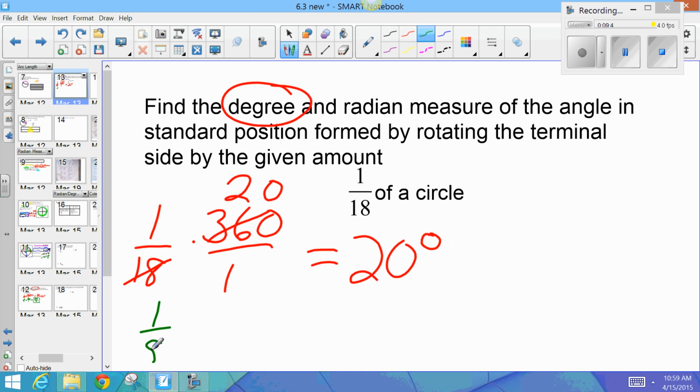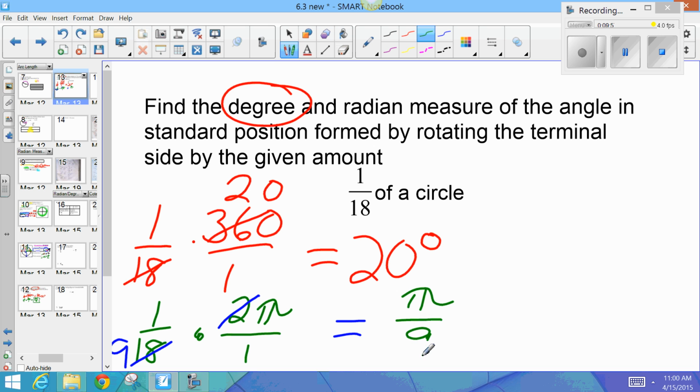To find the radians, I'm going to multiply by 2 pi, and I'm looking for a common factor. So 2 cancels out of top and bottom. Top times top gives me pi, bottom times bottom gives me 9. All right, try your bookwork.